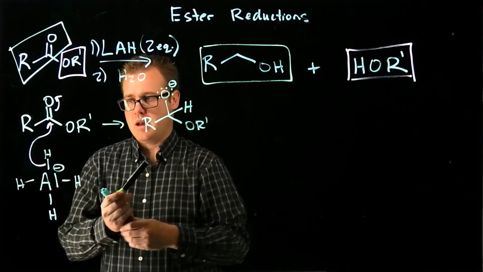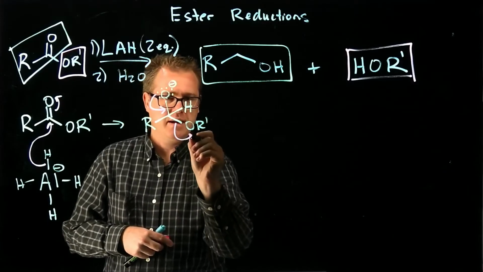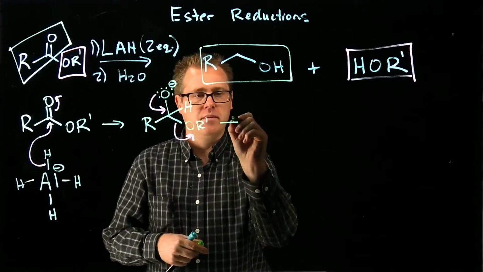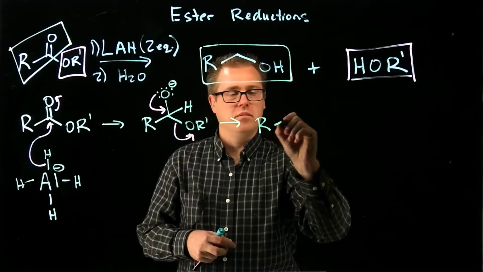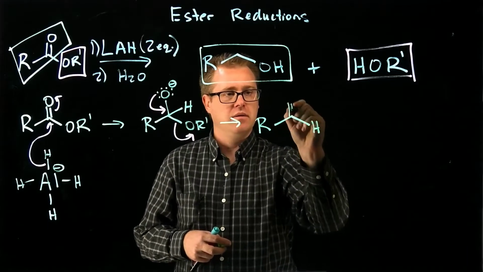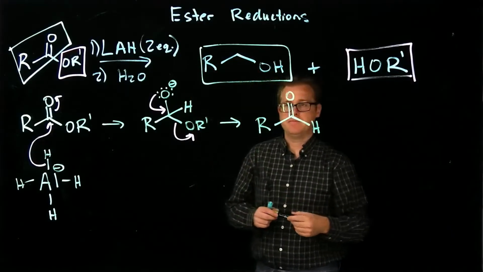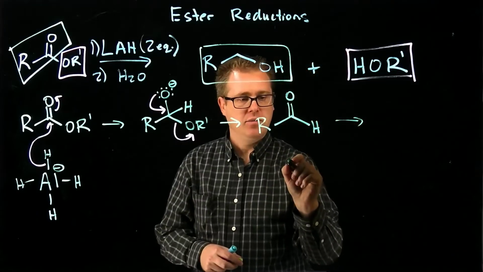And then the tetrahedral intermediate is going to collapse back down to knock off the OR. So what do we have? We have the aldehyde intermediate. And that is why you need that second aluminum hydride.